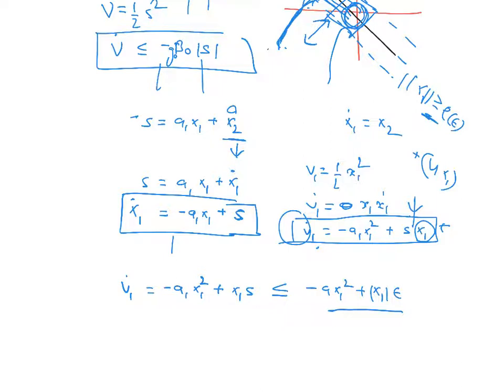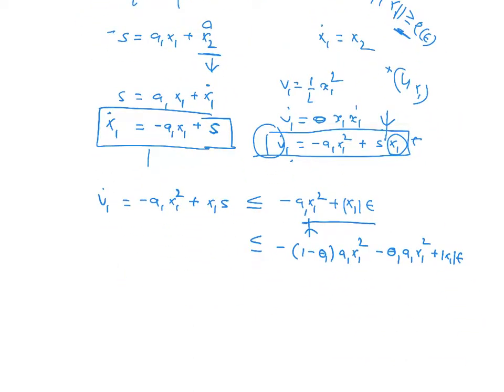Now we can do another step, which is to break this part again using a 1 minus theta part, taking some negative parts sideways. So we can write it like this: it is less than or equal to minus 1 minus theta 1 a1 x1 squared, minus theta 1 a1 x1 squared plus x1 times epsilon, right?